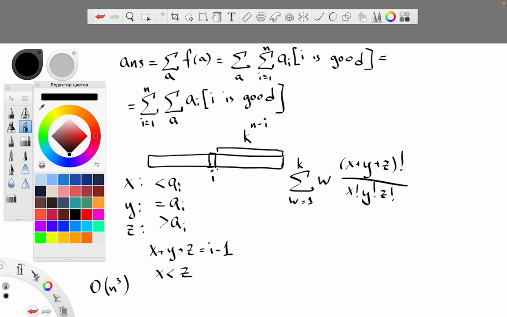And for positions that are smaller and bigger, we have to choose the actual numbers. That is done independently. When we fix that our value is w, we have w minus 1 values for smaller entries, and k minus w for greater entries.